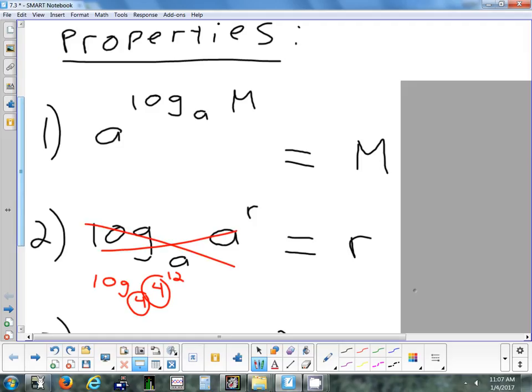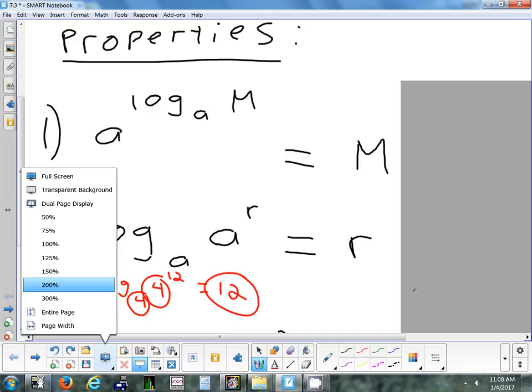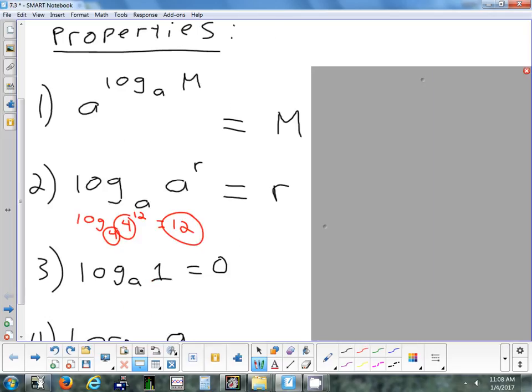This part basically cancels out as long as those a's match, and the only thing you're left with is that exponent. So if we looked at this one, since the 4's match, it's going to cancel out. And what's the only thing I'm left with? 12. Just a 12. And that's it. So it's just a special pattern. Any questions on that one?